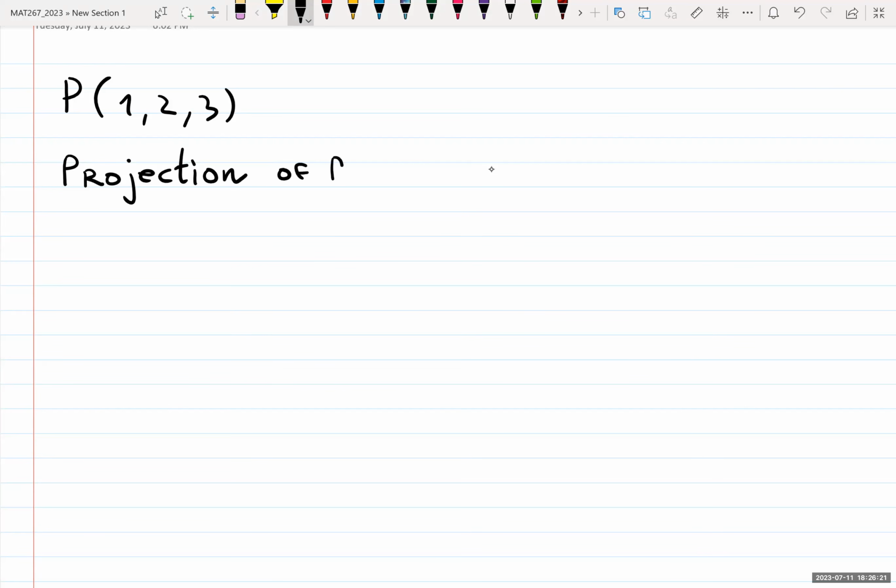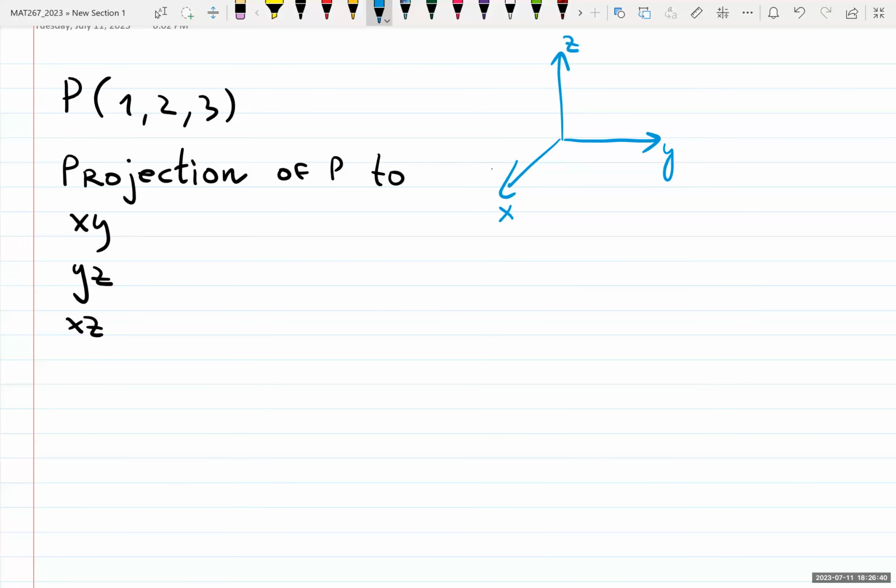Projection of P onto XY, YZ, XZ. Do you understand what is happening? We have 3 dimensions right now: X towards me, Y left and right, Z up and down, right?